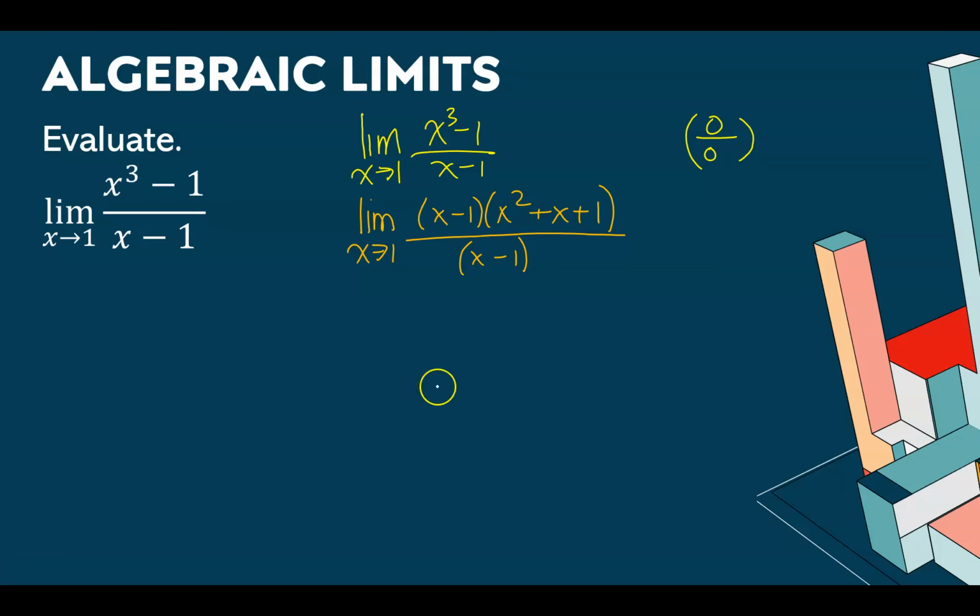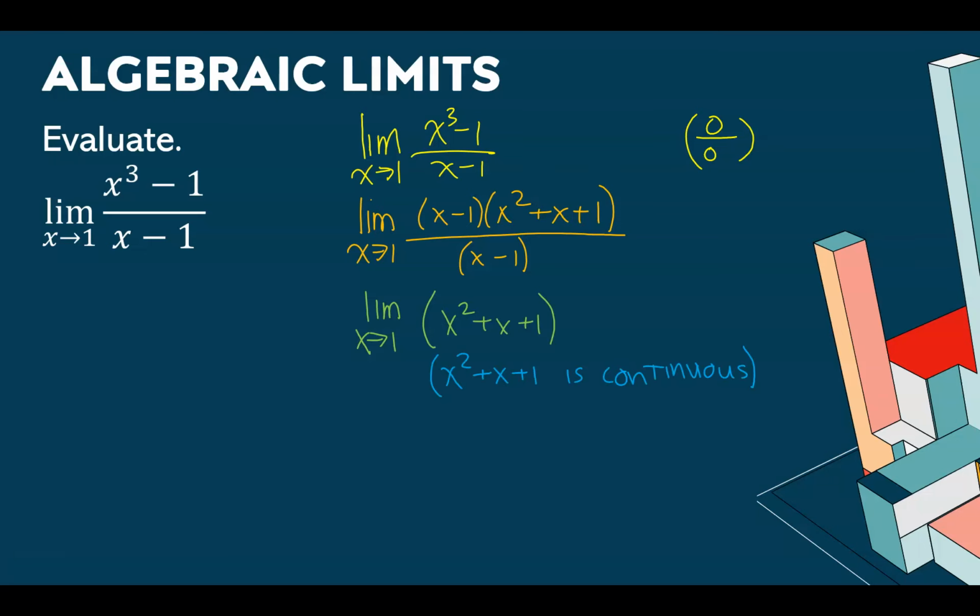The reason we're going to ignore them is if I do 0.9 minus 1 over 0.9 minus 1, we know that's going to be 1. And likewise, if we put 1.1 minus 1 in the numerator and 1.1 minus 1 in the denominator, that's going to be 1. For any x value near 1, the x minus 1's are going to divide to be 1. So we might as well do an easier limit that's going to have the same result. And that's the limit as x approaches 1 of x squared plus x plus 1.